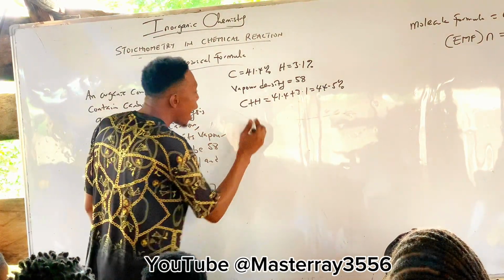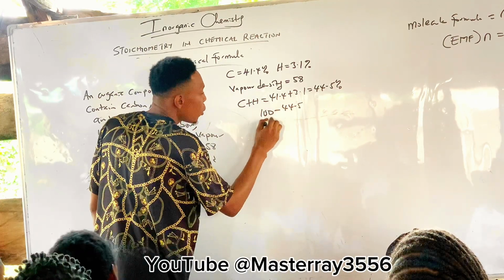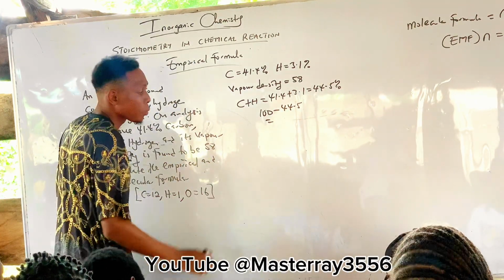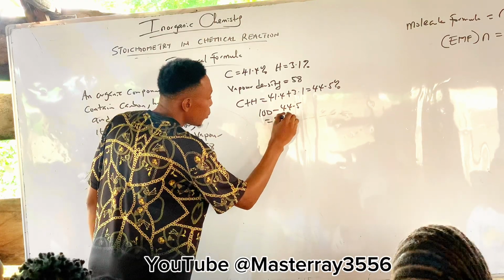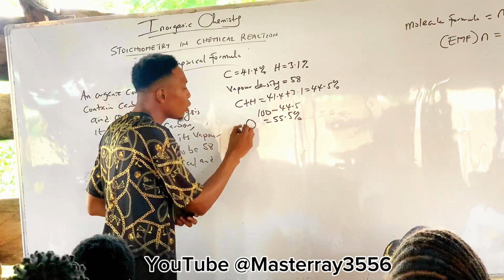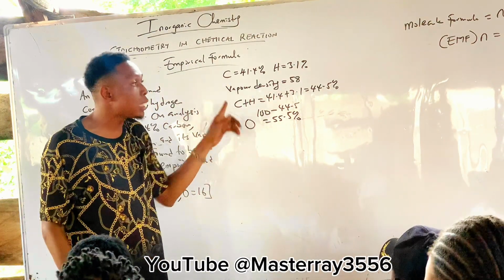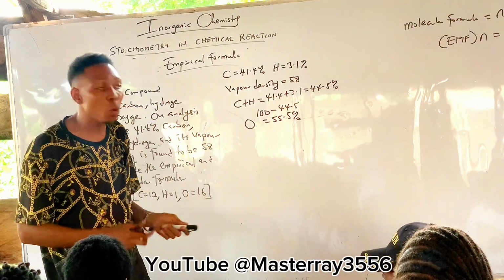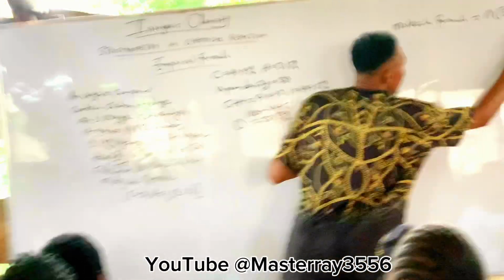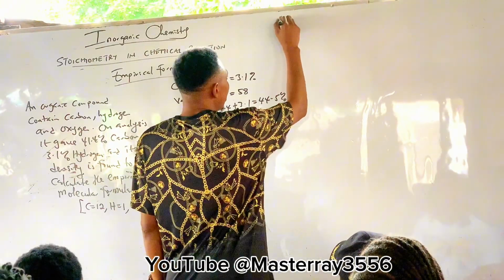So this time I will have 100 minus 44.5. What do we have? 55.5%. So with this we now add that of oxygen. Now that you have carbon, hydrogen, and oxygen, you can calculate the empirical formula. All right, so from here, this is how to go about it. We have elements.